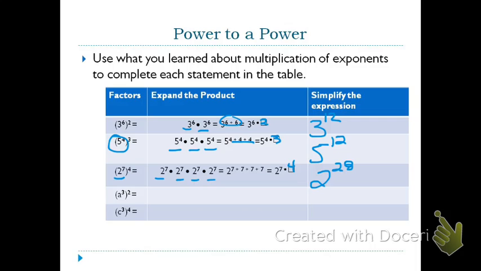Alright, let's see if we can do the next one. A to the third to the second power is the same thing as a to the third times a to the third, which is the same thing as a to the 3 plus 3. I'm not going to go into the multiplication because we know that is a to the 6th.